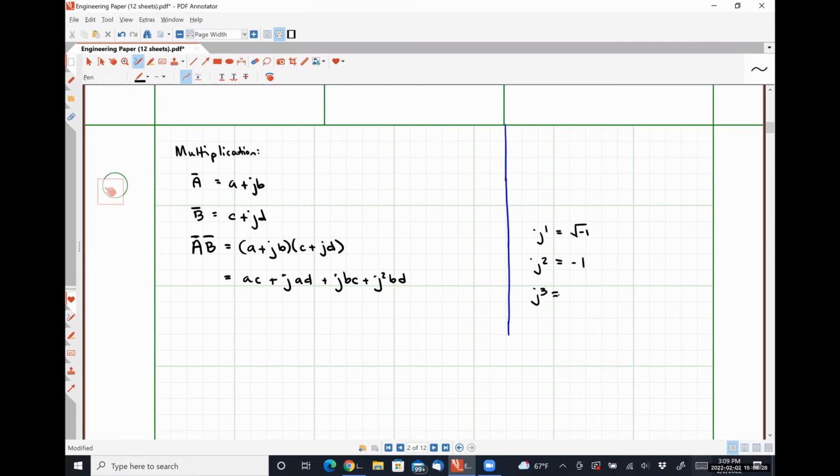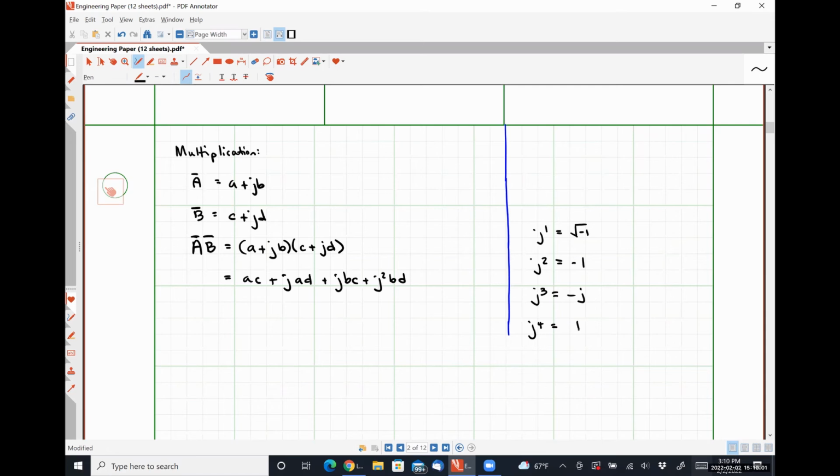J cubed is just J times J squared, so it's -J. J to the fourth power is J squared times J squared, +1. And if I had J to the fifth power, that's just J to the fourth, which is 1, times J. And so effectively this cycle just repeats itself, okay?